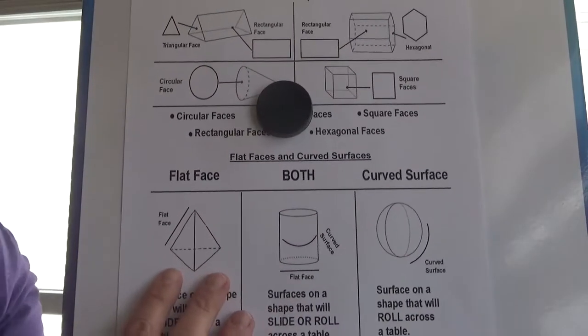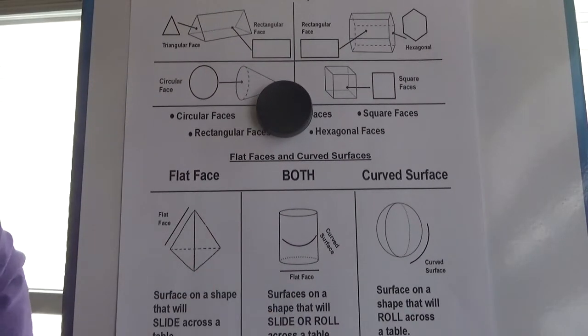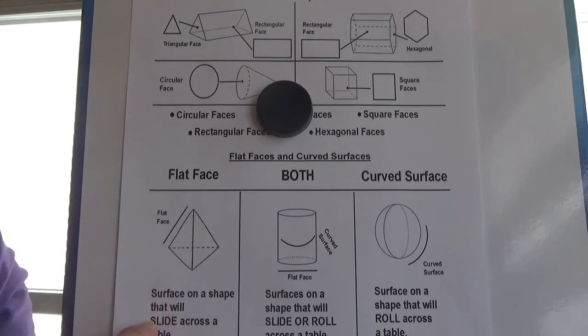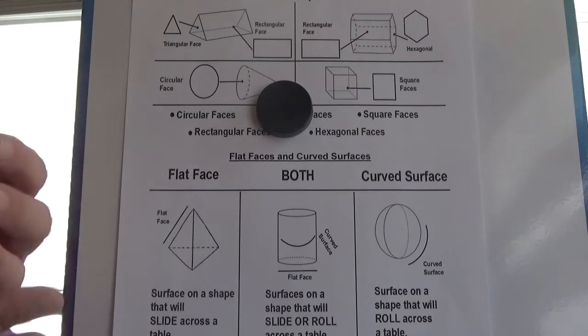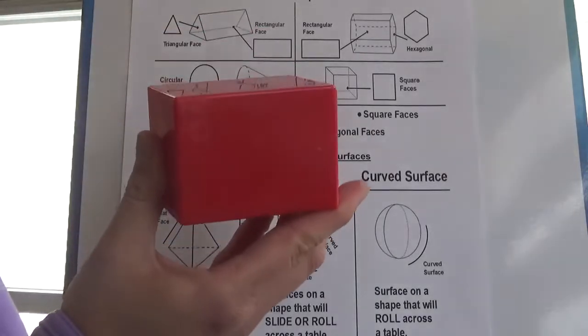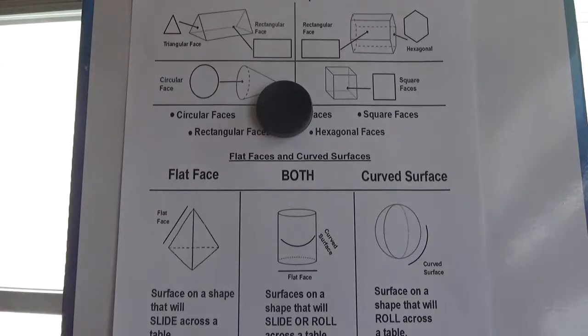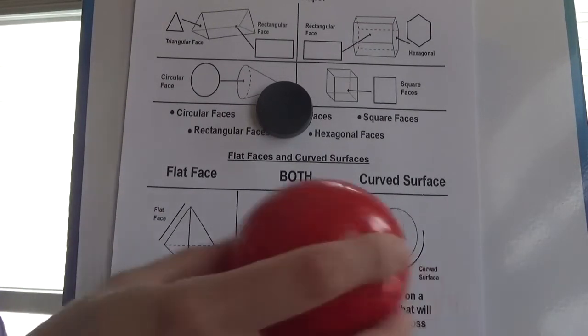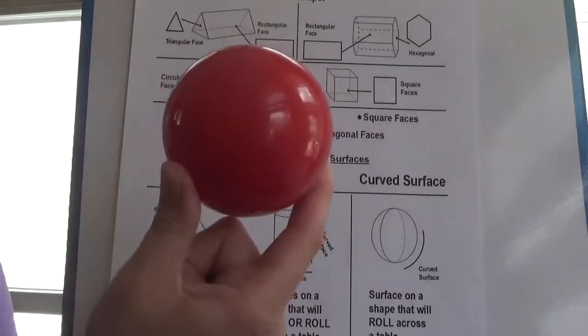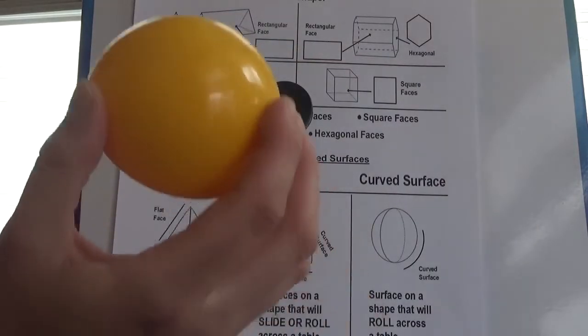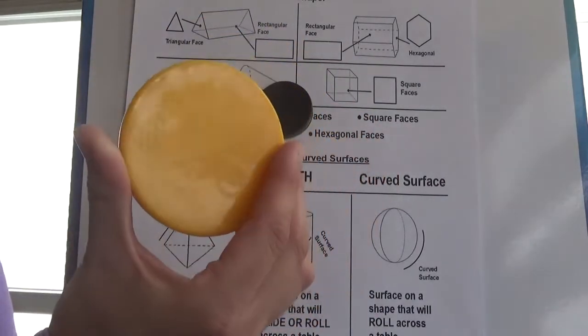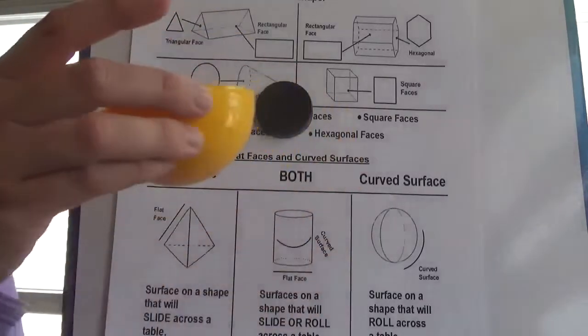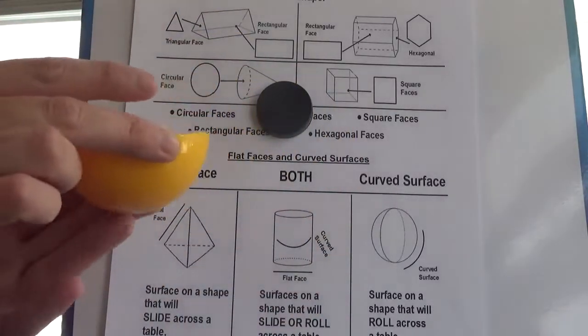So there are different types of surfaces on 3D shapes. Some of these surfaces are flat, some of them are curved. So you have flat faces, which is a surface on a shape that will slide across a table. So that would be any flat surface like this rectangle. And then you have a surface on a shape that will roll across the table. So that's where we're talking about this sphere. We also have this 3D shape here, which has one flat side, and then it has a curved surface as well.